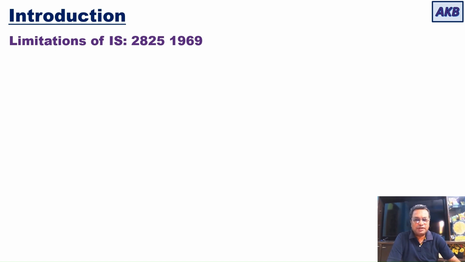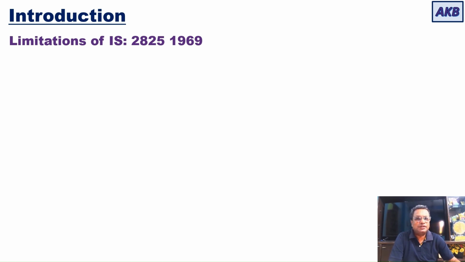So this cannot be used for designing high pressure vessels. There are certain limitations. Every other country will have its own standard for designing pressure vessels. I am talking about the Indian standard 2825 1969 and why it cannot be used for designing high pressure vessels.